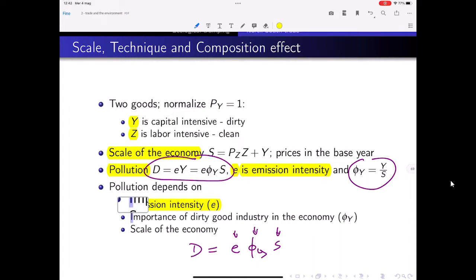Now, phi is the importance of the dirty good industry in the economy, and therefore it depends on how large the dirty industry is, and scale is how large our economy is.